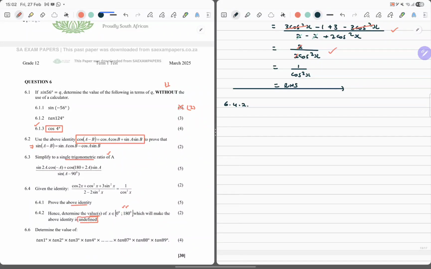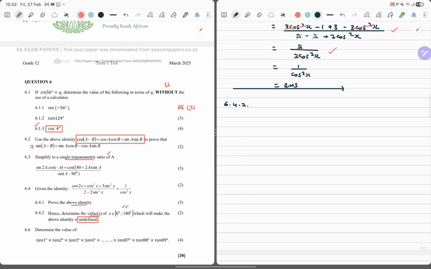Now remember, guys, I said undefined doesn't mean non-real. There's a difference here. Undefined just means we cannot evaluate because there's too many solutions. Or you can just say this is as good as saying element of real numbers.